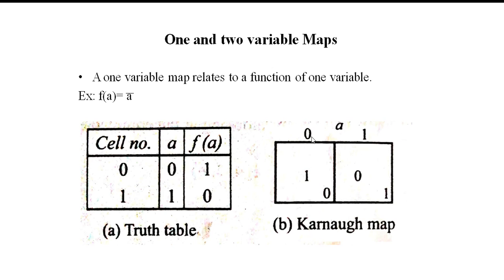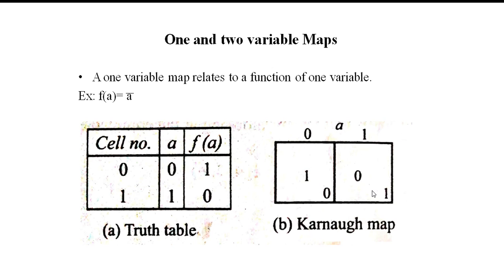Only one variable, so the variable is taken at the upper side of the Karnaugh map, say A. And input combinations are 0, 1. For that, what is the output? The function is given as f of A is equal to A complement. If 0 is input, then output is 1. If 1 is input, then output is 0. So fill up the output from the truth table within the Karnaugh map. I hope you understood. Okay.